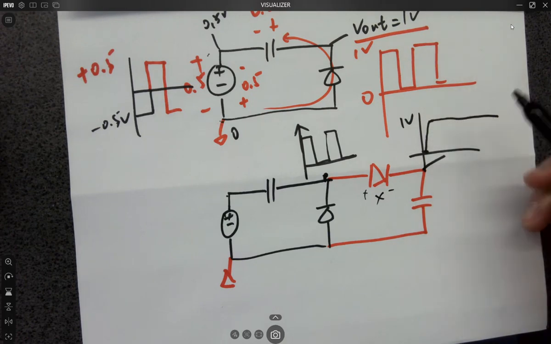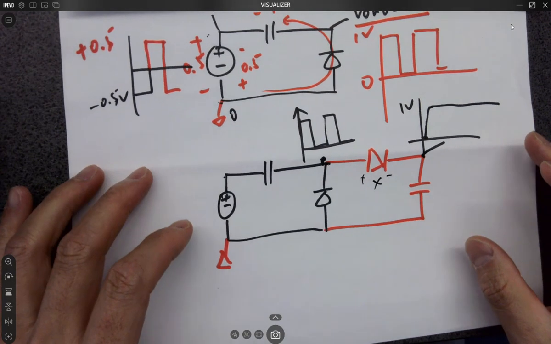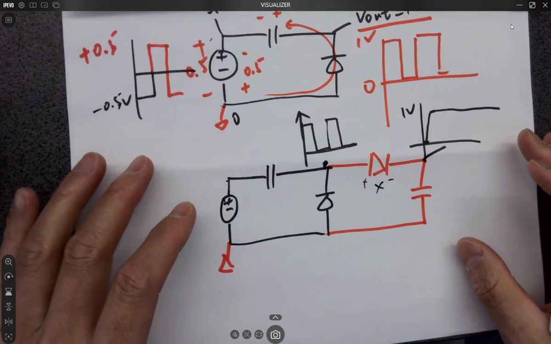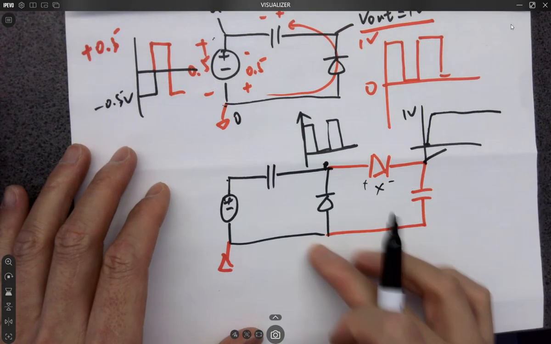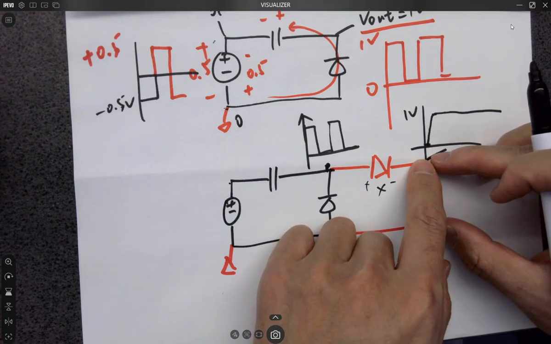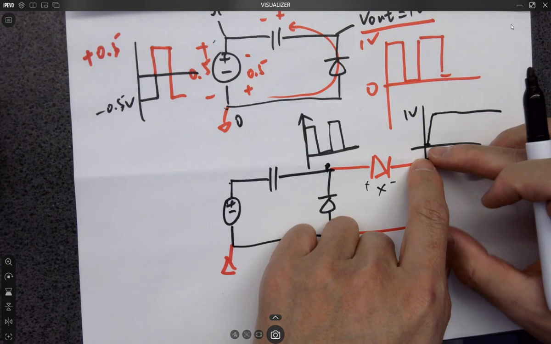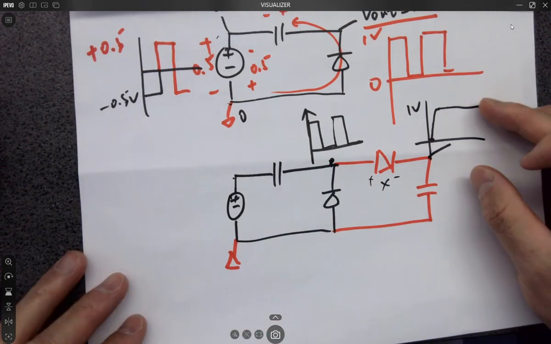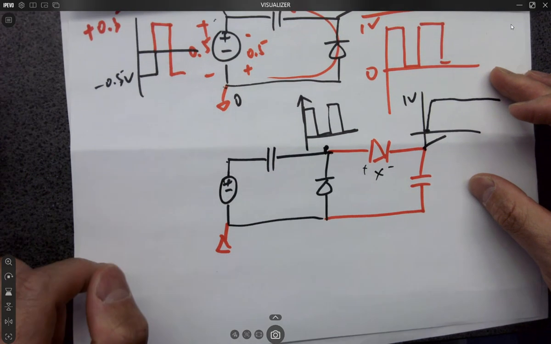So you can use a circuit like this to output a high DC voltage. So it's just the one stage. If you keep adding more stages from this point, you will be able to generate up to a few thousand volts. But that's pretty much analog circuits we'll cover in that class.